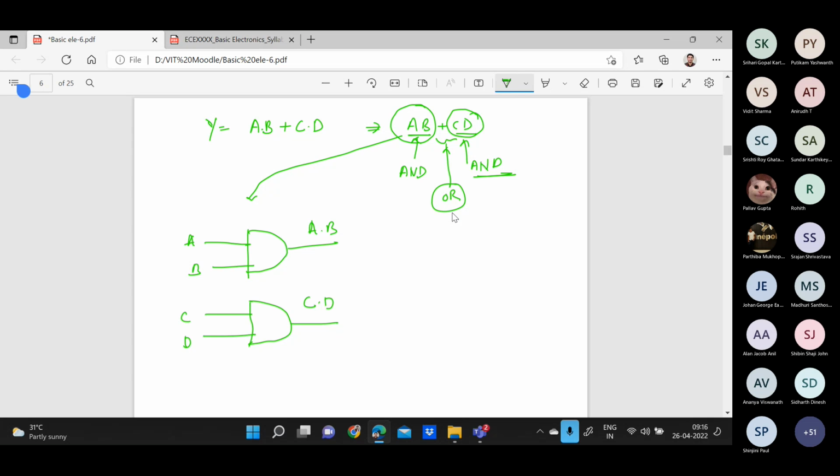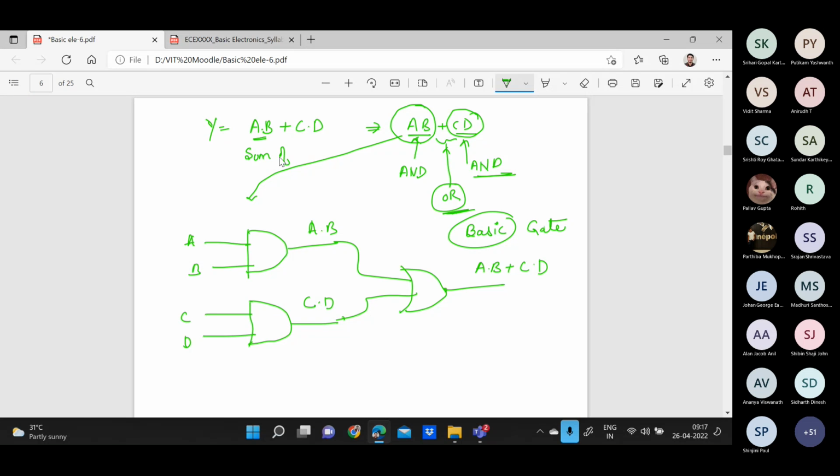Now in between them you have the OR gate, right? So if I give these to the OR gate like this, what will you get? A dot B plus CD. Okay, so this is the simple way of representing it by using the basic gates. As I told you, you can design any circuit by using the basic gates. And you can see this is what is called a sum of product.